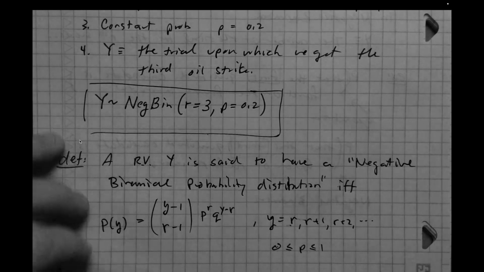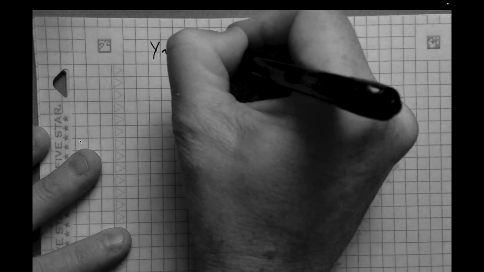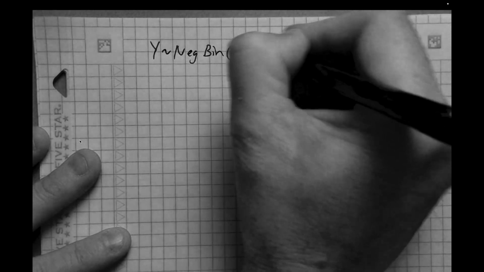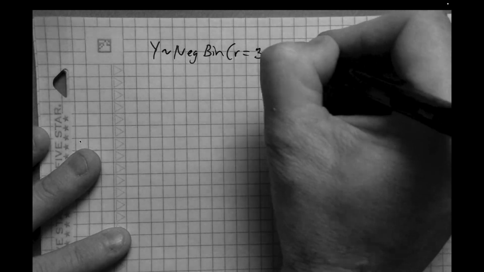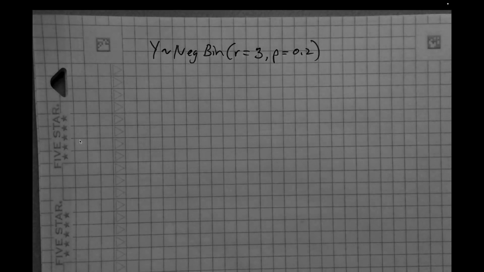So what is our oil well probability then? What was our question? We said that y was negative binomial with r equals 3 and probability of success equal to 0.2. The situation was we were drilling candidate oil wells, and each time we drill, we have a 20% chance of striking oil.